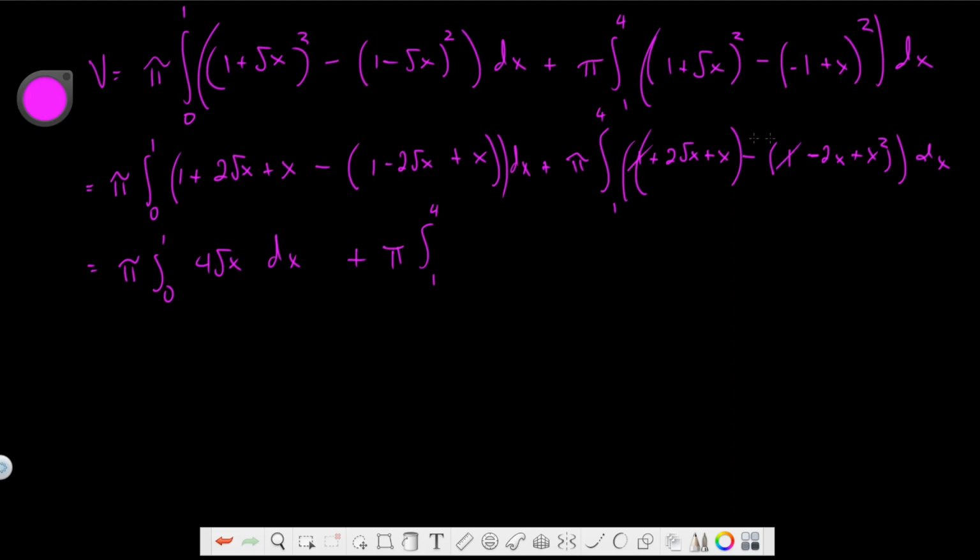That's good. We have 2 root x minus 2x, so that's not going to cancel. Oh, but it's plus 2x, negative 2x. So it's plus 2x, and then we have x minus x squared. So that is simply going to be an x minus an x squared. And it looks like we're going to have 3x. So I'm actually going to go ahead and write that.